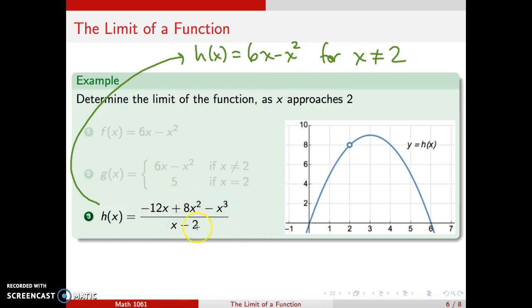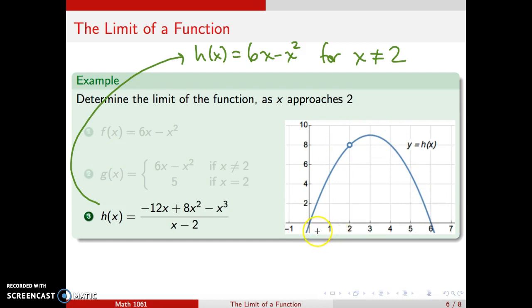And as long as they aren't 0, which happens when x equals 2, but if x is not 2, then this is not 0, you can cancel numerator and denominator common factors, and so h of x reduces or simplifies to this for x not equal to 2. When x equals 2, it's not defined. You get 0 over 0. So that graph looks the same as it did in the previous cases.